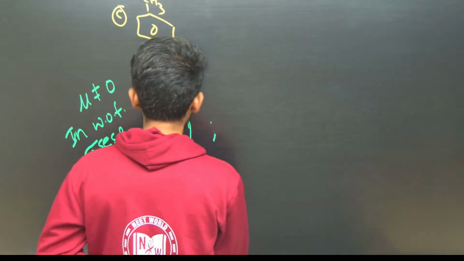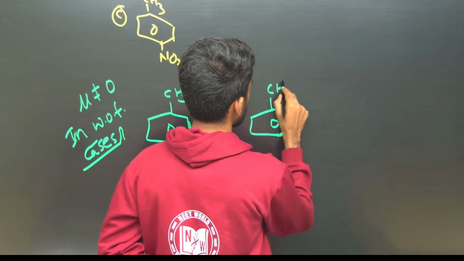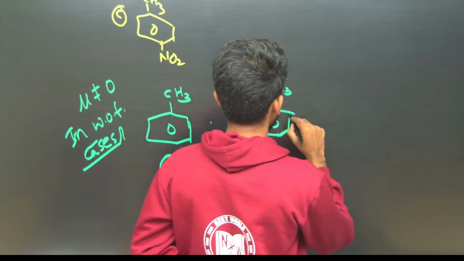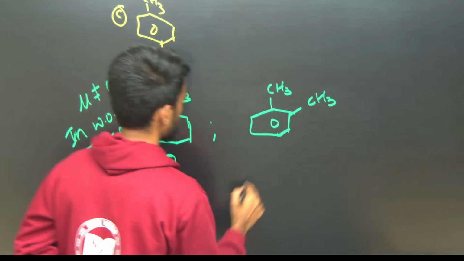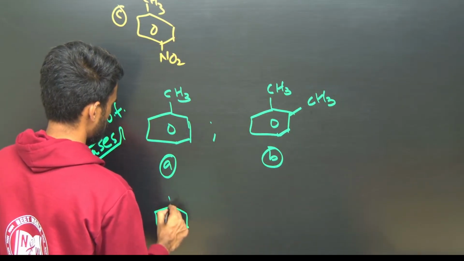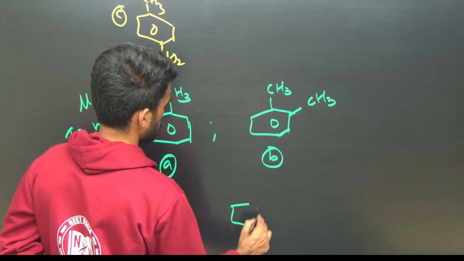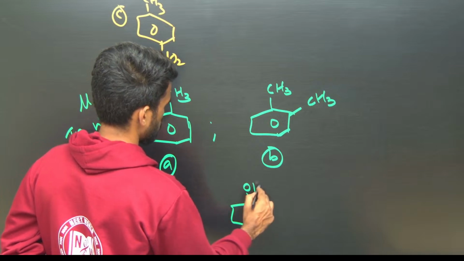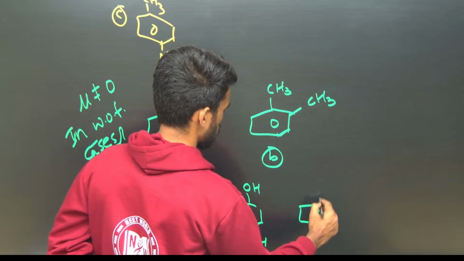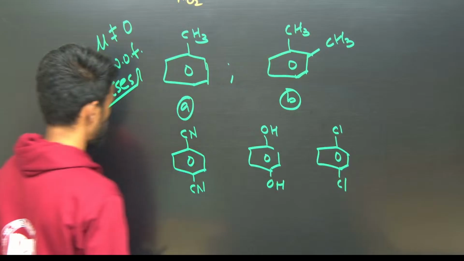Okay, so A, CH3, CH3. Tell me, in which of these cases mu not equals 0?